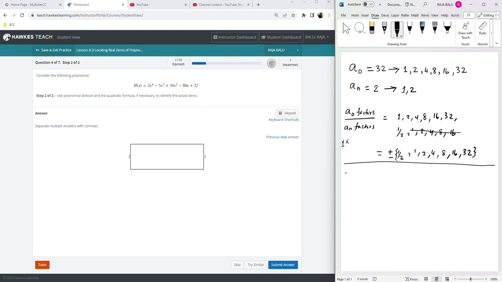Then negative 1. How about negative 1? Let's try. This file is 2, negative 5, 34, negative 80, 32. So I copy it down. Oh, I don't give myself space, do I?